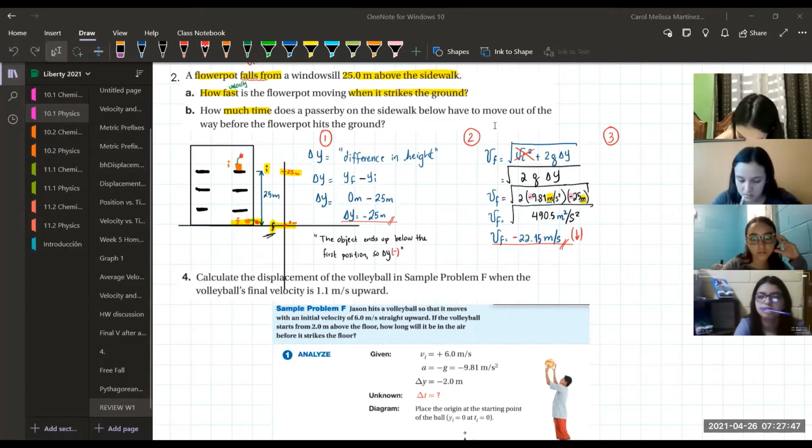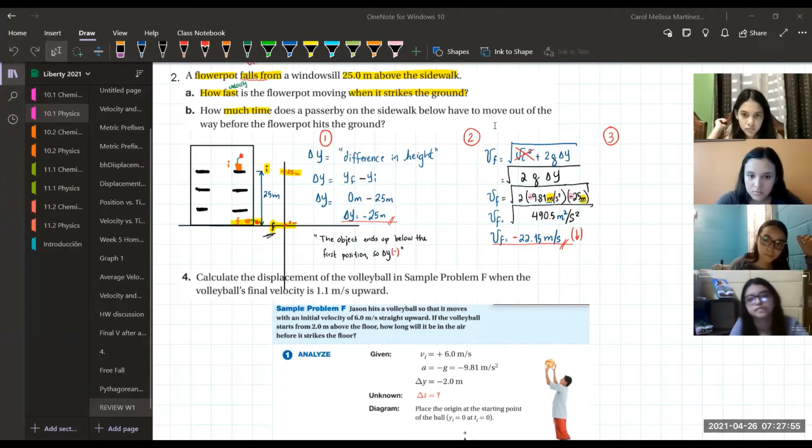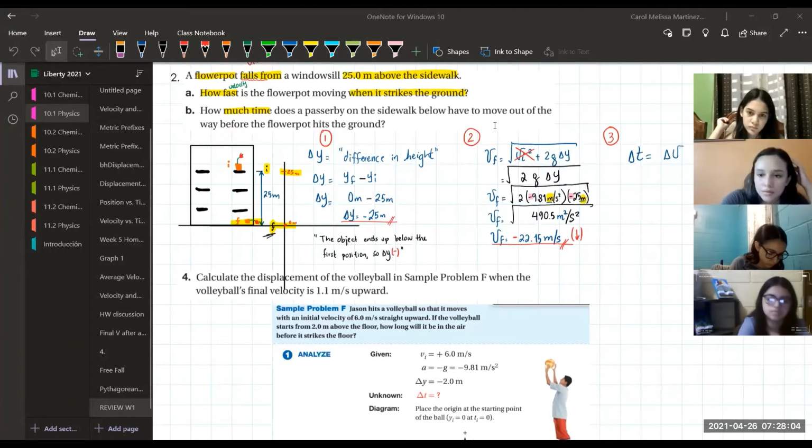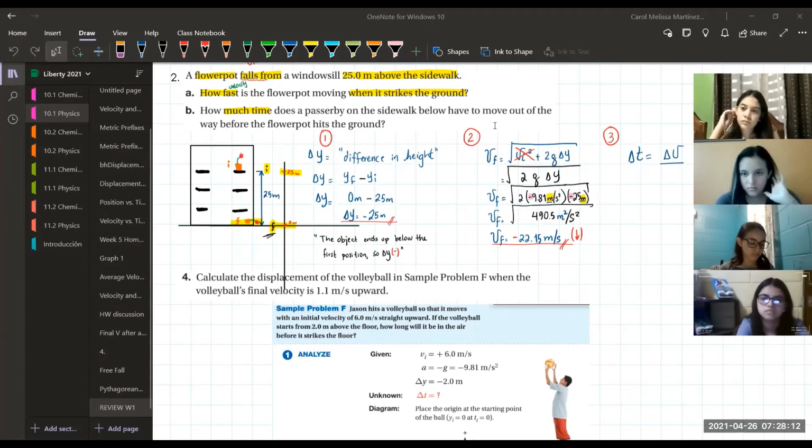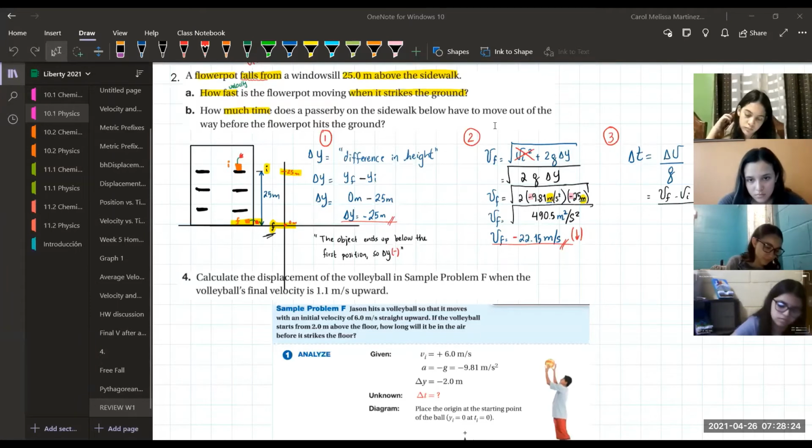Now, step 3, that is about the time. We have an equation that says that delta t equals delta v divided by gravity. What's delta v? By definition it is final minus initial, in this case velocities, and gravity that you know, Earth's gravity.